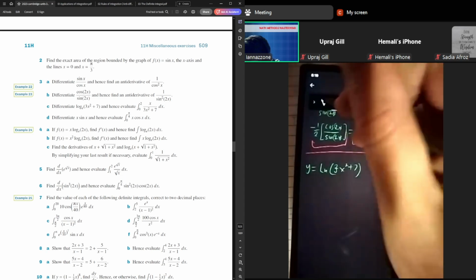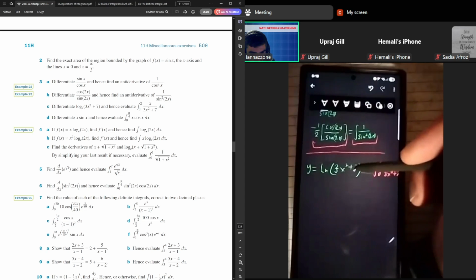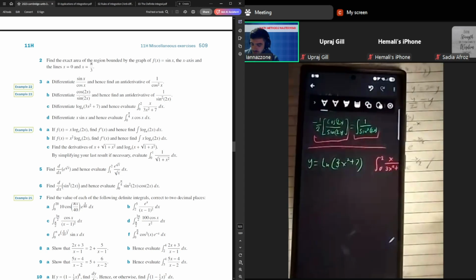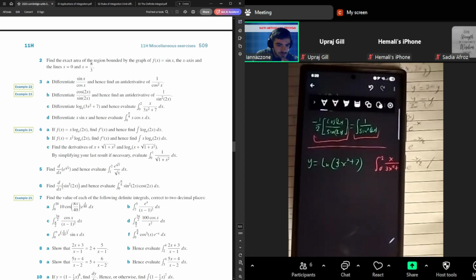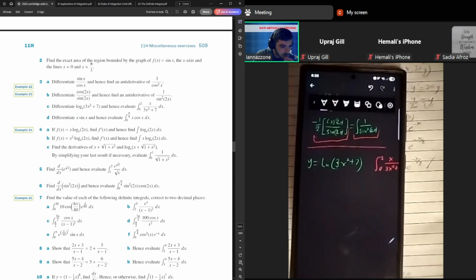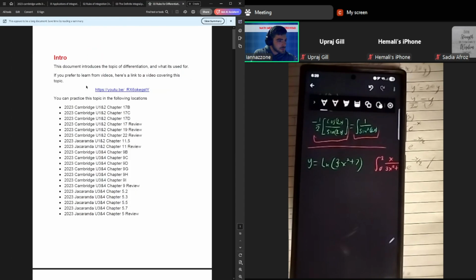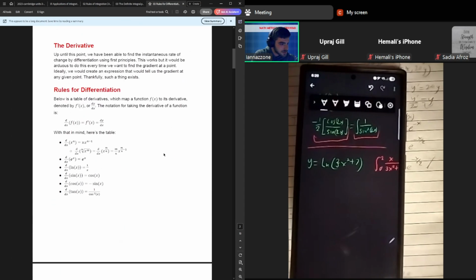So first stage, we were told to find the derivative of this. What I'll do is I'll get the derivatives tables up if you're not familiar with those. But otherwise, have a think about it. Okay, rules for diff.